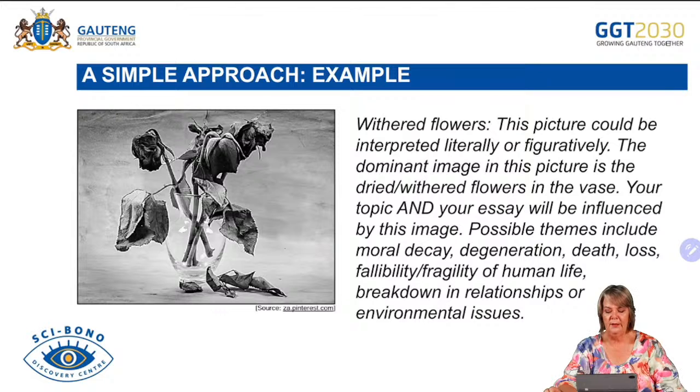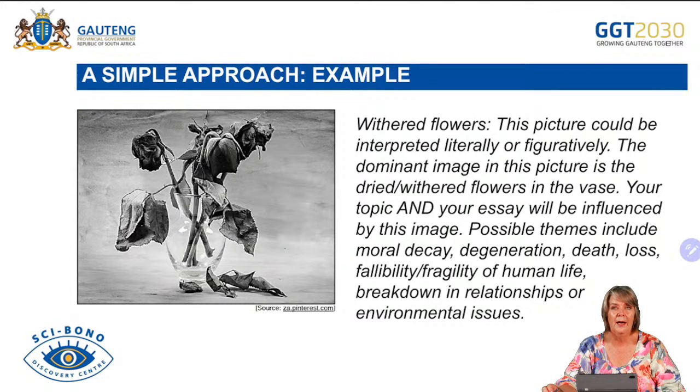Possible themes might include, if you write on a figurative level, moral decay, degeneration, death, loss of a relationship, the end of a relationship, the loss of a loved one, the loss of a partner. Fallibility is when you acknowledge your shortcomings.